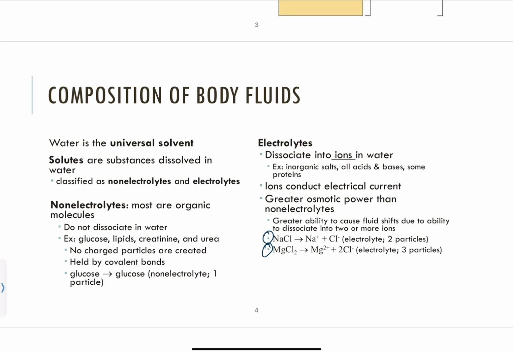Magnesium chloride would have the highest osmotic power because we started with one particle, we ended with three, meaning that we increase the concentration of solutes and the osmolarity, which means that water is going to want to move to where magnesium chloride dissociated, again, to try to balance out the concentrations on either side of the plasma membrane. We're usually referring to water moving between the intracellular space and the extracellular space.